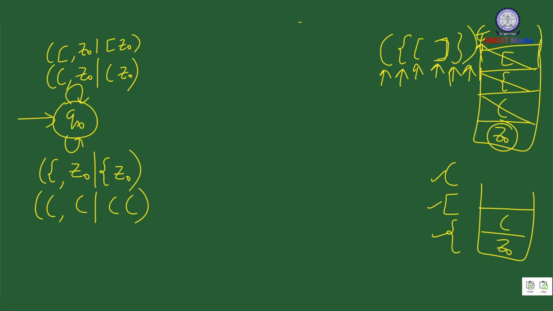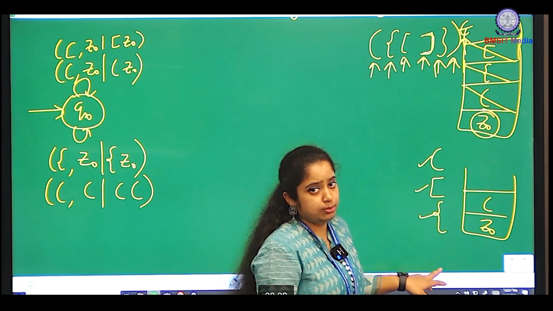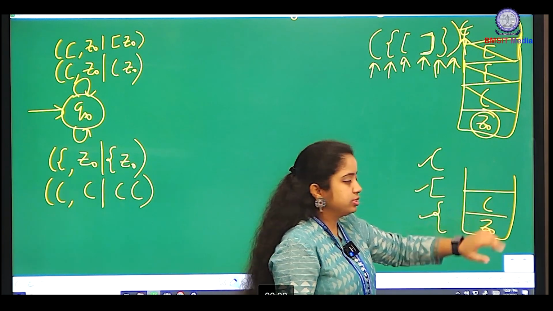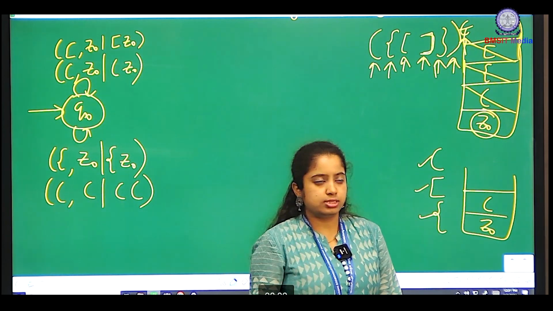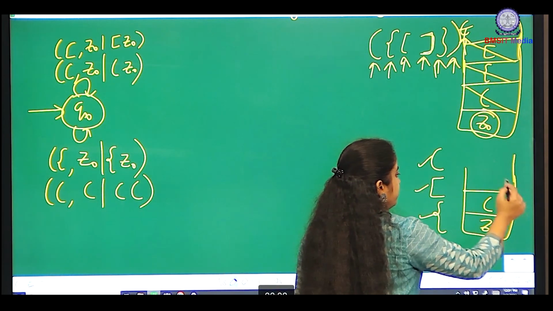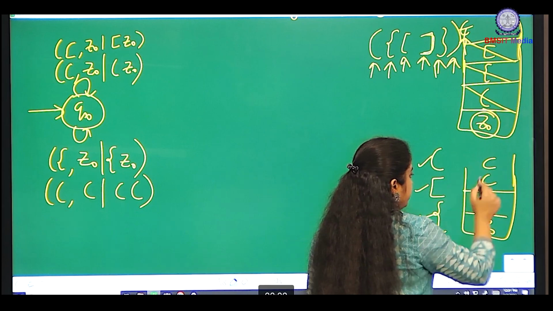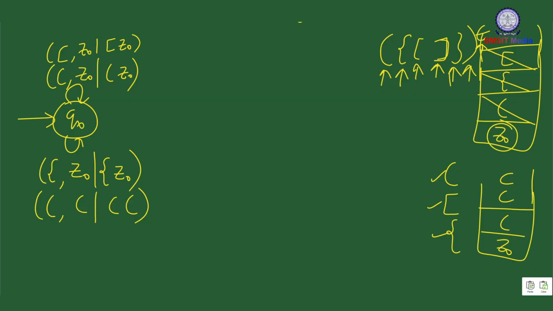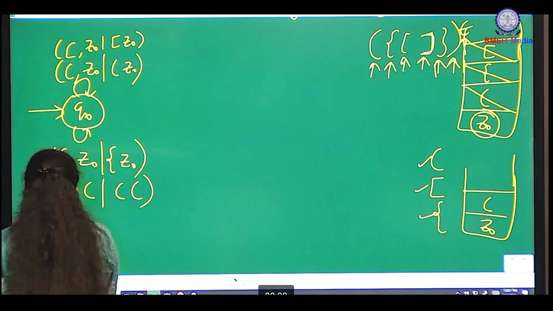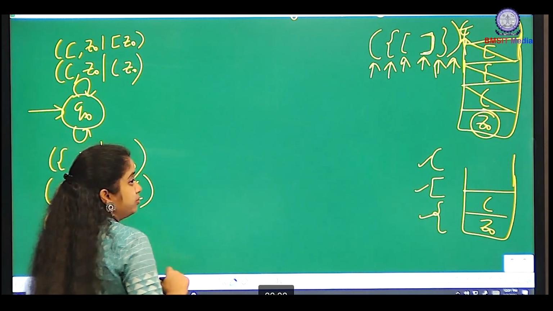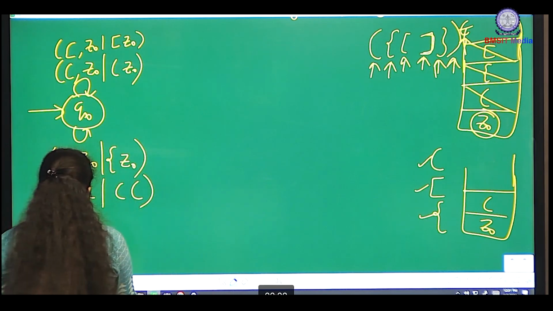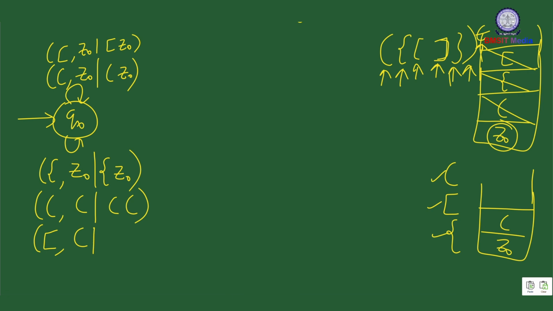Whatever comes as the input symbol, if it is an open parenthesis, you simply push it onto the stack. So, we will write all three possibilities: square open parenthesis as the input symbol with open simple parenthesis on the stack, you just push it; same for curly.